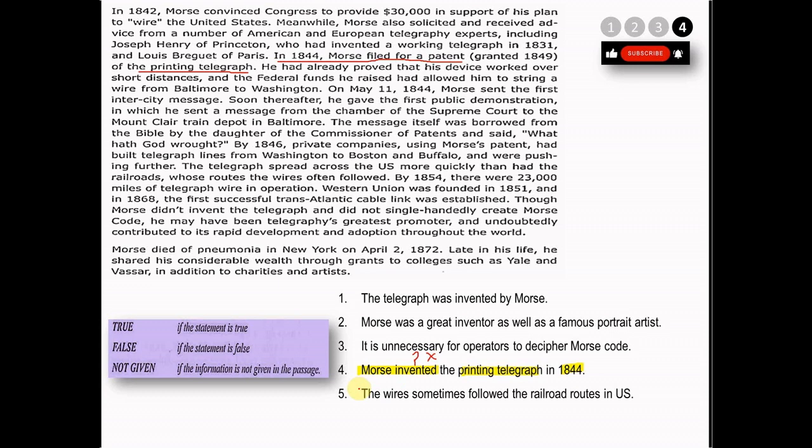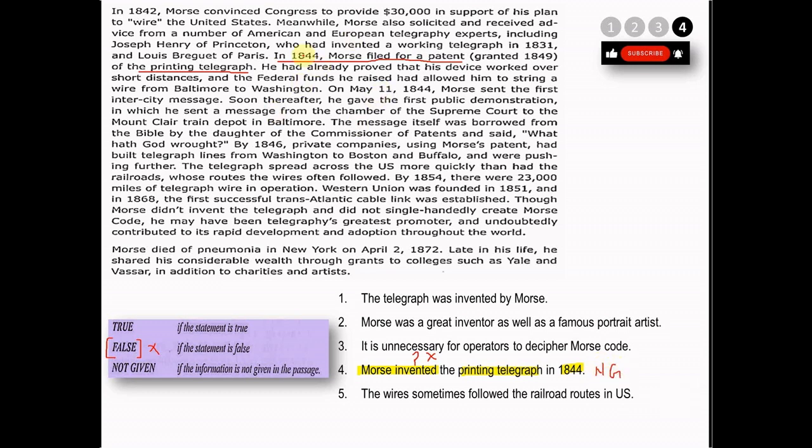If I apply my principle of false, whether this information is contradictory or not, no, this information is not at all contradictory here. So the fourth cannot be false, and it is not true. Ultimately, the invention of the printing telegraph is not mentioned in the passage. Hence the answer would be not given.